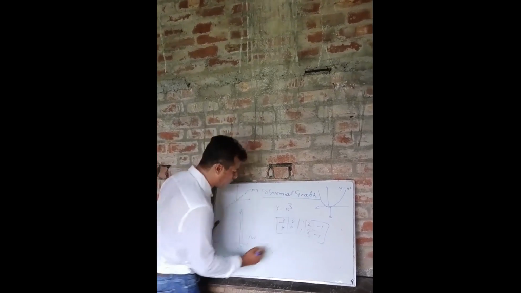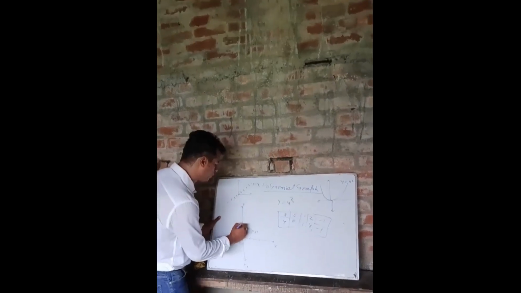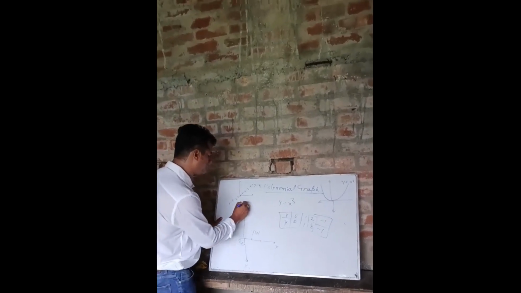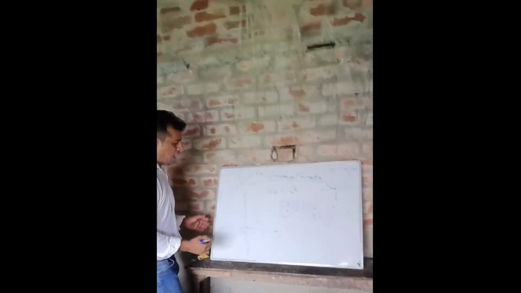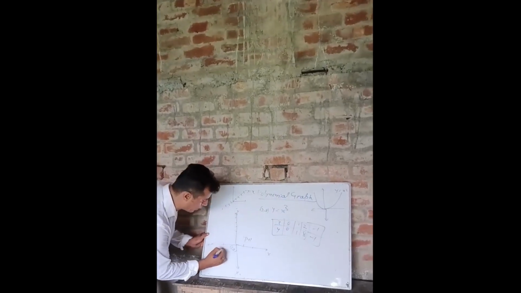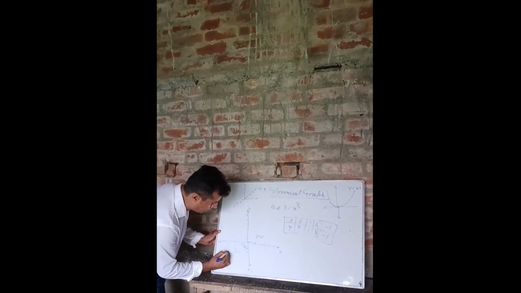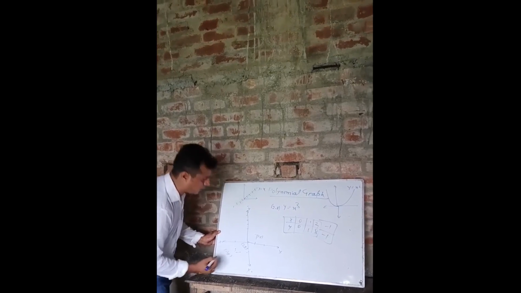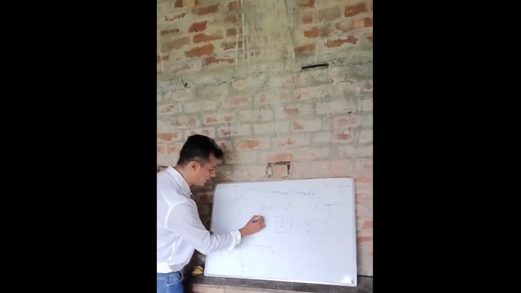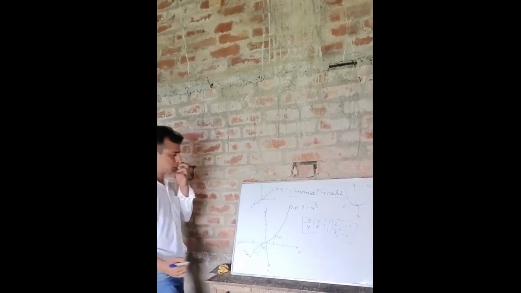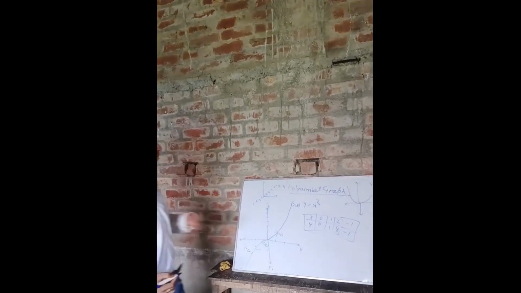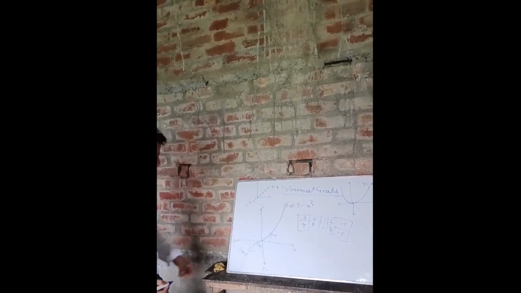Then we get 2 and 8, so we count 3, 4, 5, 6, 7, 8, somewhere over here, 2 and 8. And now we get minus 1 and minus 1. So the graph will look like this. This is the graph of y equals x cubed.